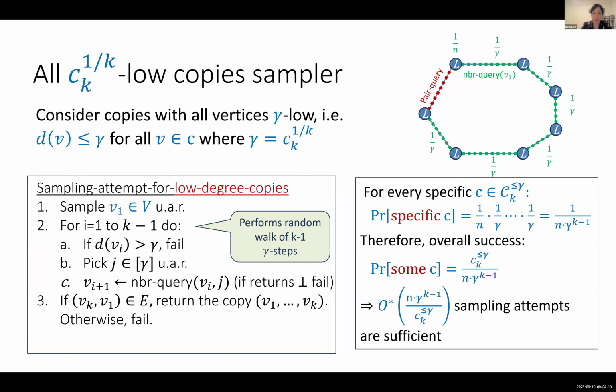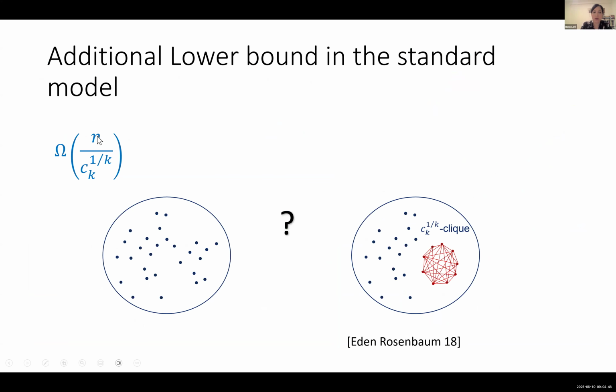Specifically, we set the threshold to be ck to the power 1 over k, and we denote this by gamma. So we say that a vertex is gamma low if its degree is at most gamma. And now we consider sampling copies in which all the vertices are gamma low, and we would like to match the same bound as the lower bound from the previous slide, namely we want to make a number of queries which is O of n over ck to the power 1 over k.